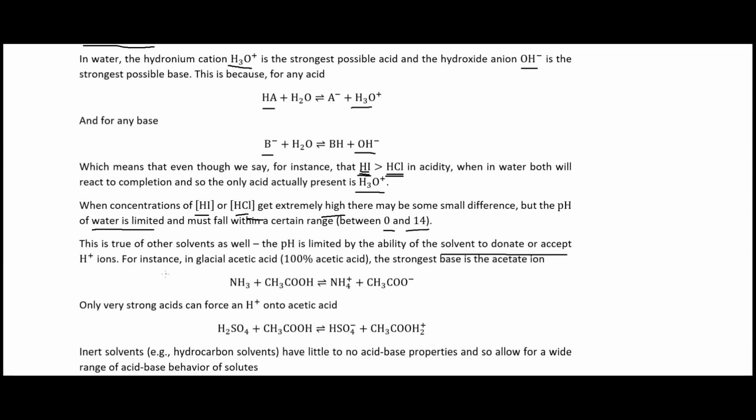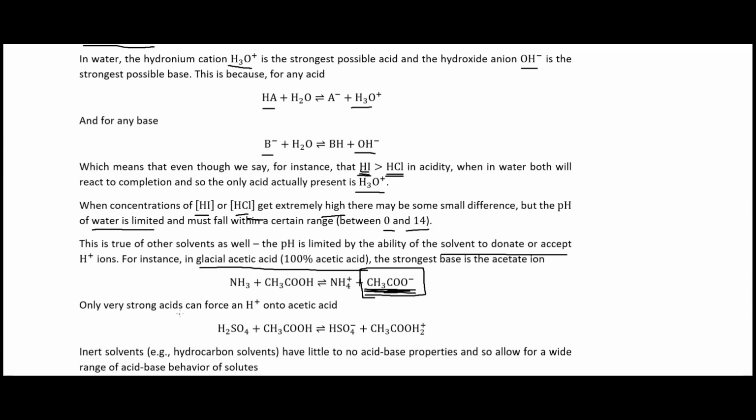And so, for instance, if you have a solution where the solvent is acetic acid, so glacial acetic acid, then this acetate here will actually be the strongest possible base that you could have in it, because if you put a stronger base into it, it'll just react to completion until you end up with this right here. So a concentration of this equaling the concentration of whatever base you put into it.